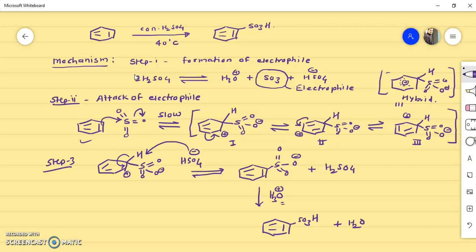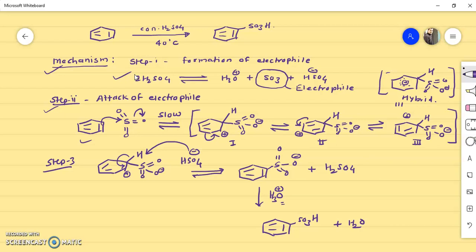So once again I will explain. See, the first step is just the formation of the electrophile. How the electrophile is generated from concentrated H2SO4, that reaction is written here. So this SO3 will act as an electrophile over here. Now the second step will be just the attack of the electrophile. So why does benzene attack this electrophile?